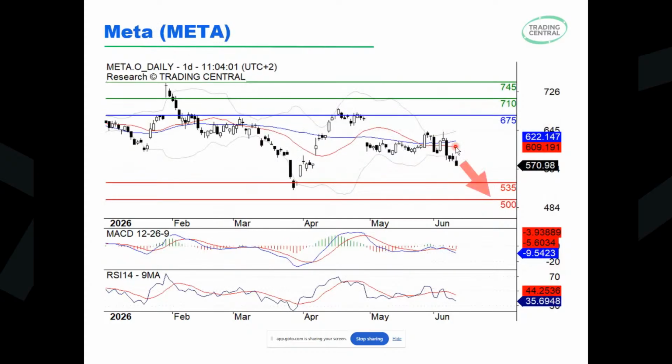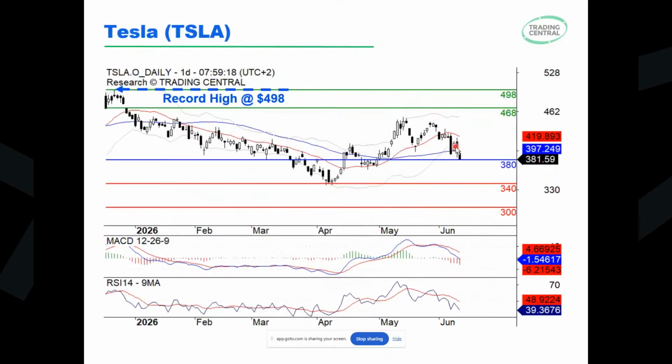Meta, not good. Also drifting down. We call them hyperscalers: Meta, Amazon, Google, and Microsoft. Okay, they invest big, very big, in AI infrastructure. Okay, and Tesla. It was quite strong sometime in May, but then it reversed to the downside, quite disappointing.